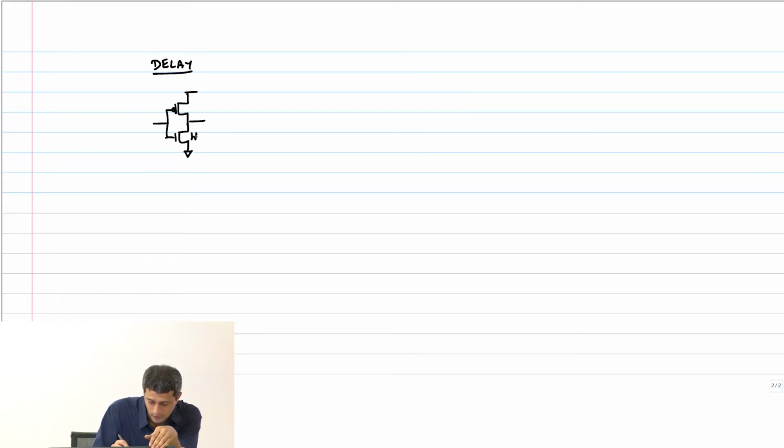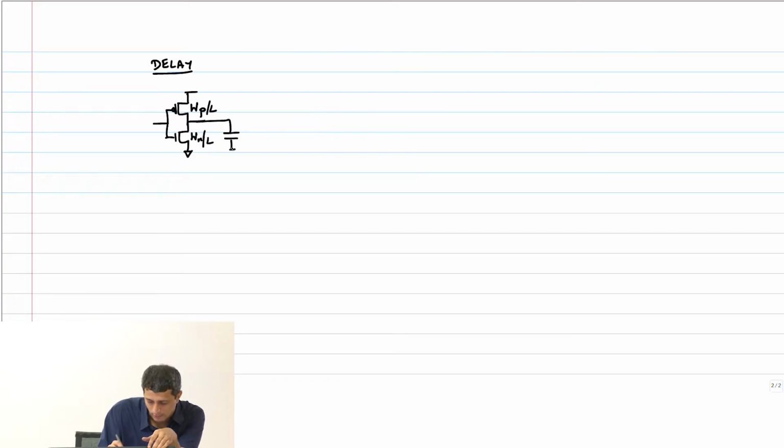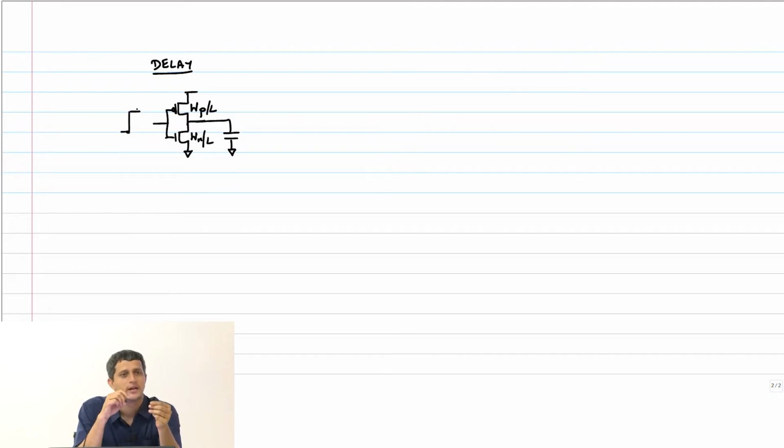This is WN, this is WP, and of course some channel length is there, but it's the same length. So going forward I will not keep mentioning this L, I will just drop it. Let's assume it to be the minimum channel length at 2 lambda. Okay, and there is a load capacitor here. Okay, and my input is assumed to rise instantaneously from 0 to VDD.